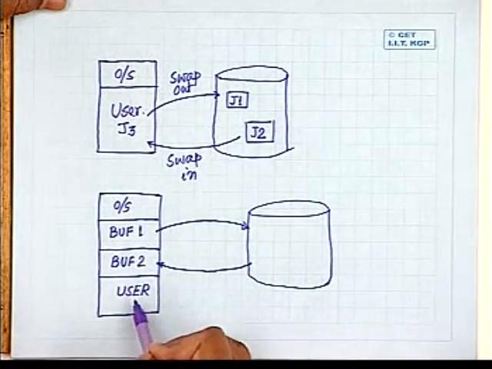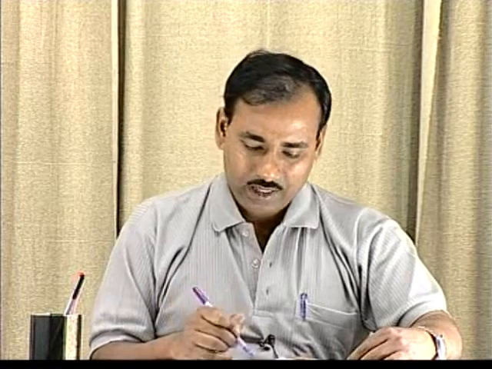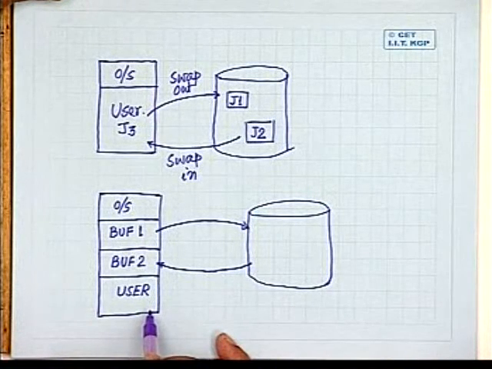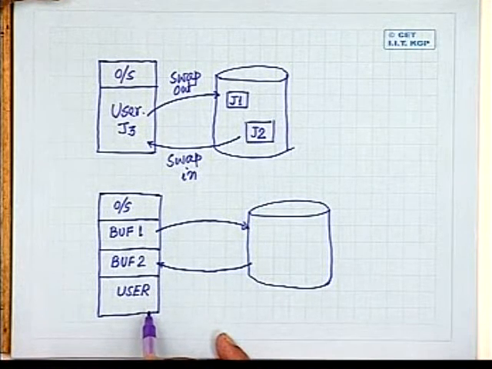A program which has already been executed has to be pushed into buffer area 1. From buffer area 1, it will be swapped out, because we are using this area for containing the active program which is currently being executed by the CPU.